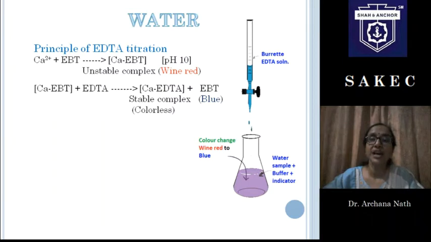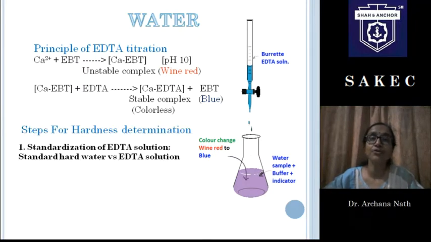We will see that the color is wine red. Now from the burette we will add EDTA, and EDTA replaces EBT, and at the end we see the blue color of free EBT. So the color change will be wine red to blue.